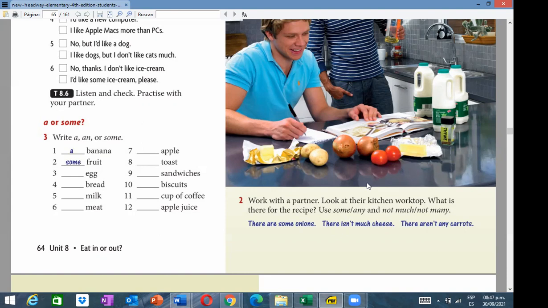Describe. There are 2 potatoes. Very good. There are some milk. Yes, that's it, right? Continue.